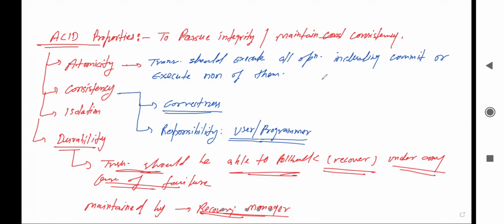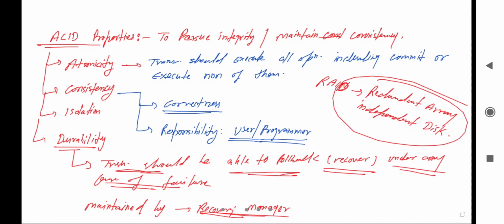Okay, what is the abbreviation for RAID? That is redundant array of independent disks. This is what RAID.